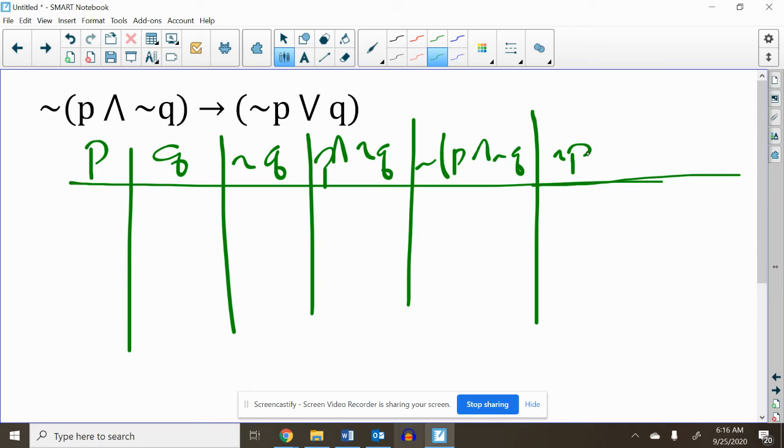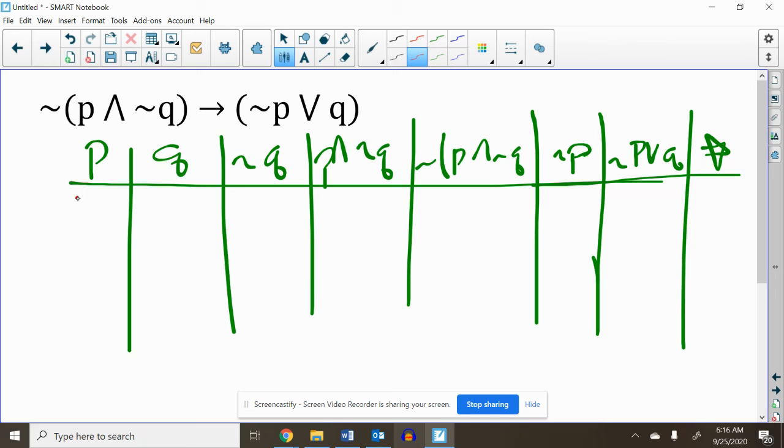A not P, a not P or Q. And then my last statement, which I'll just label with a star because I'm out of room. Okay, so true, true, false, false, true, false, true, false.